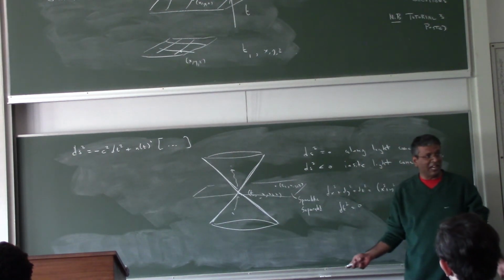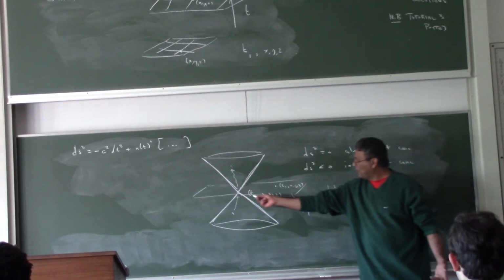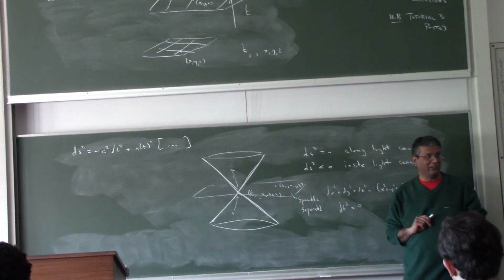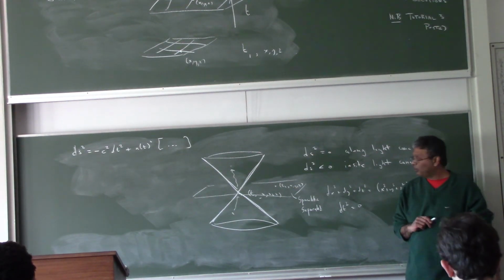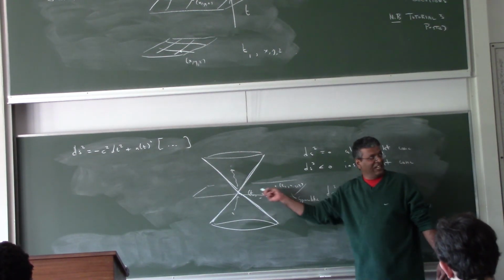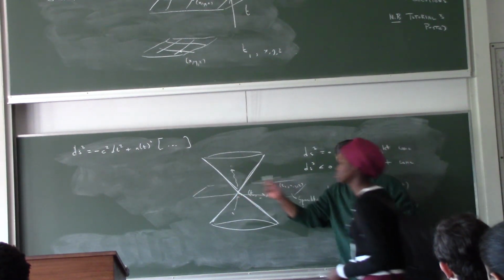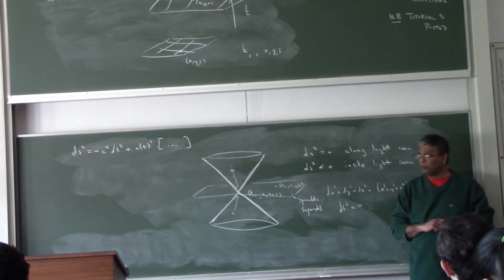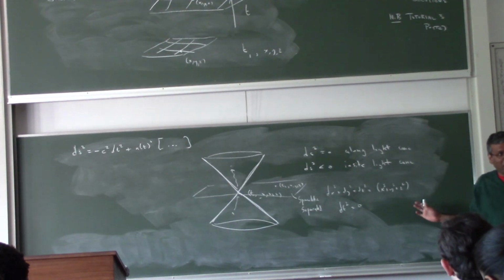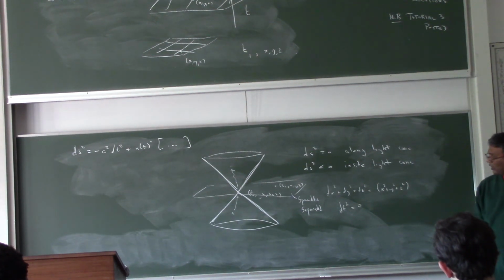Light can travel at a finite speed, so you can't instantaneously communicate from here to here. So these points are points that can't influence you. There's no way that a light signal can travel from here to you. Similarly, all points outside of the light cone can't be communicated with by a signal traveling at less than or equal to the speed of light.